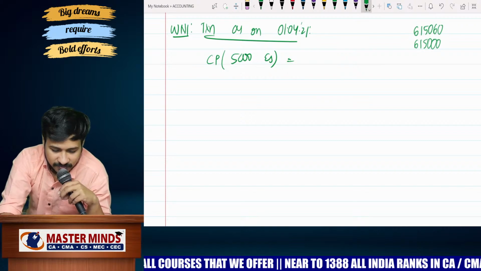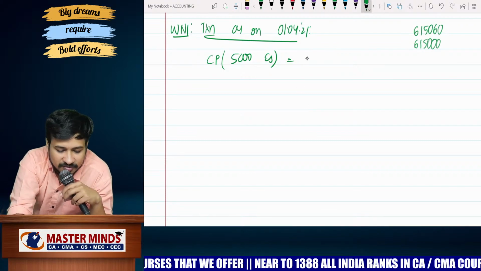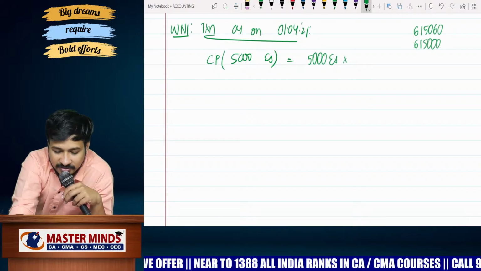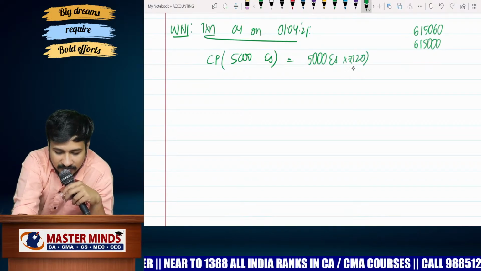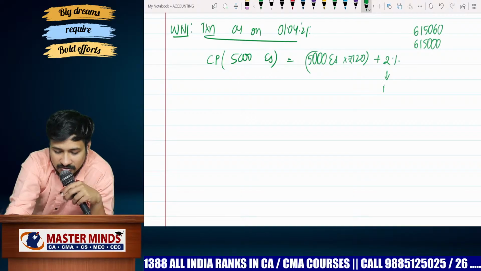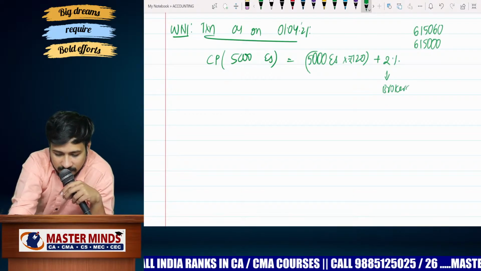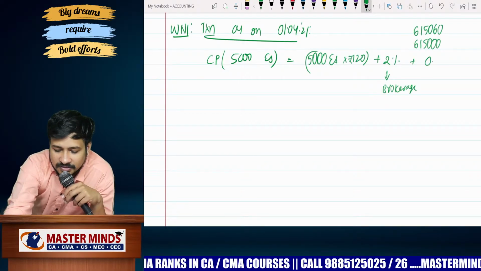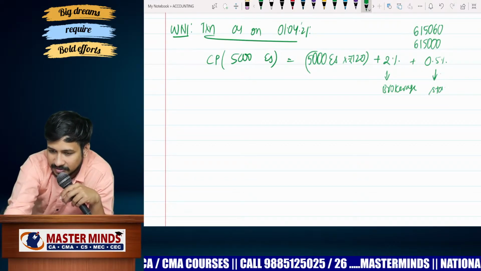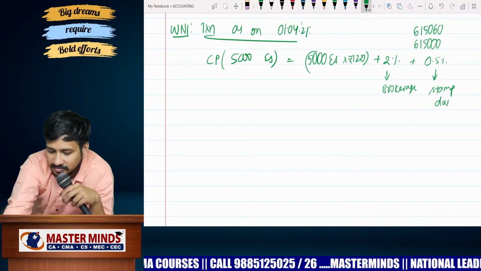So what is the cost of equity shares that we have purchased? 5,000 into rupees 120, plus 2% which is called brokerage, plus 0.5% you can simply apply, which is nothing but stamp duty.